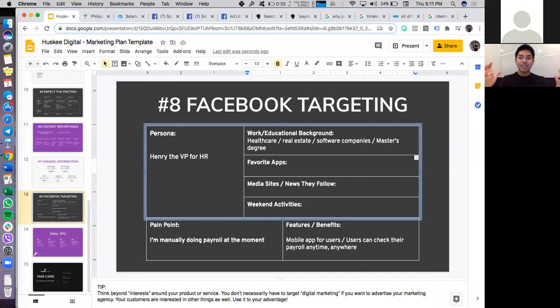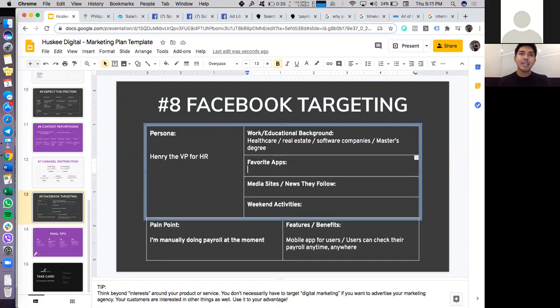So I want to be able to target people that follow these kinds of topics. And you're going to have to remember, when you're targeting on Facebook, Facebook doesn't know what your offline interests are. As far as they know, they can only track your Facebook activity or which websites you go to when you click on the Facebook app.